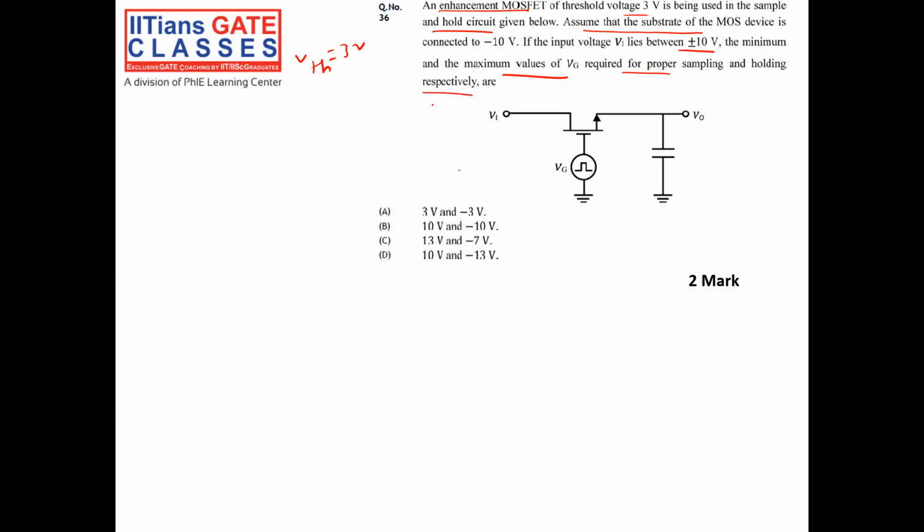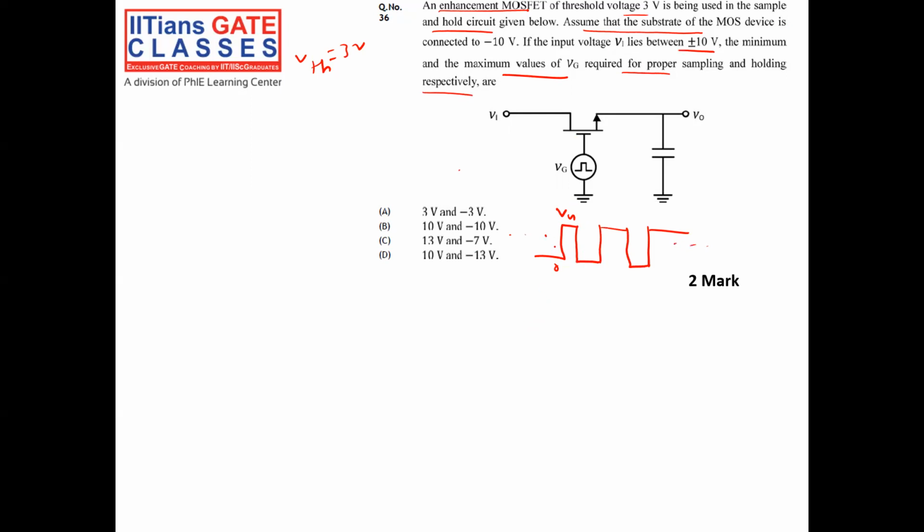Okay, guys, you see how the sample and hold circuit behaves. To see how it behaves, I have to apply a pulse waveform to the gate, like this, from 0 to some voltage VG. So what will happen in sample and hold?